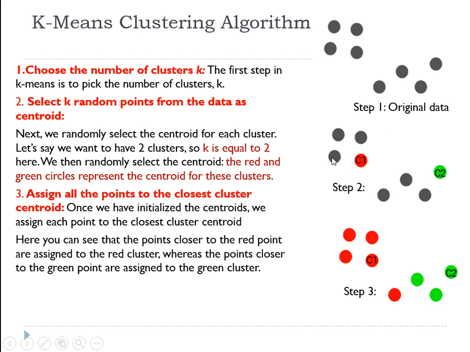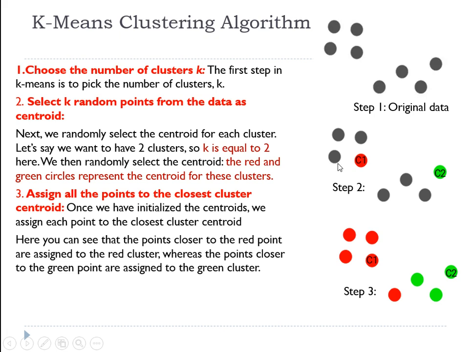Basically what is done in the algorithm is the distance between every data point will be calculated with respect to the centroid. And the data point which has minimum distance to that centroid will belong to that cluster.